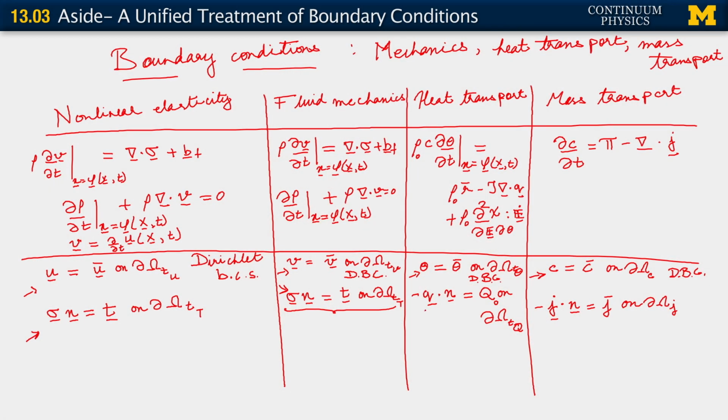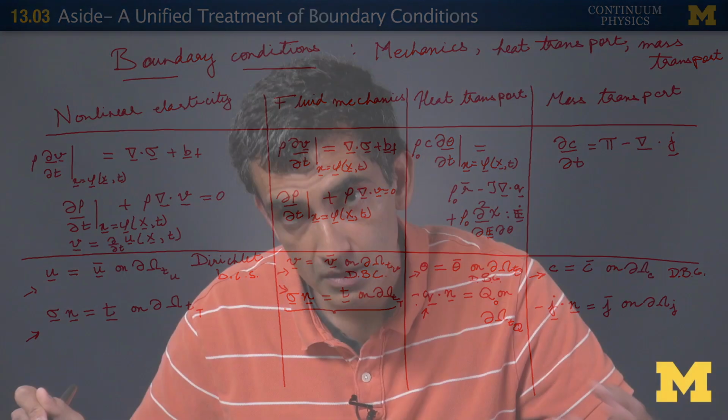In the context of heat conduction, you will remember we related the heat flux to the temperature gradient. Same idea. We take the primary variable, compute something involving the primary variable, its gradient in this case, and relate the heat flux to it. That was the Fourier law of heat conduction. We're going to do something like that for the flux condition as well.